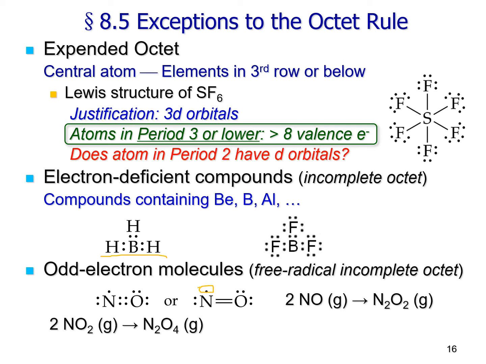So nitrogen monoxide and nitrogen dioxide constitute the typical examples for us to understand radical incomplete octet. These are the 3 exceptions to the octet rule, and we are okay with them because this is something formed beyond the control of those atoms.